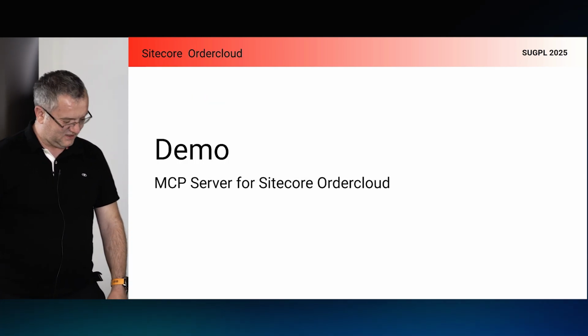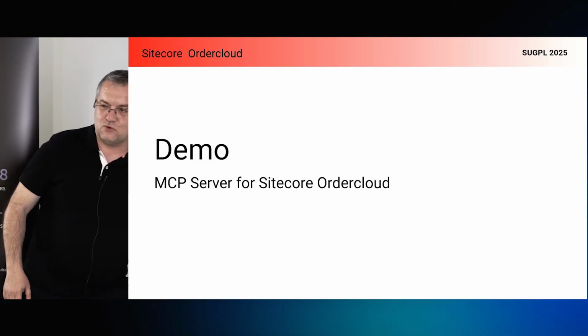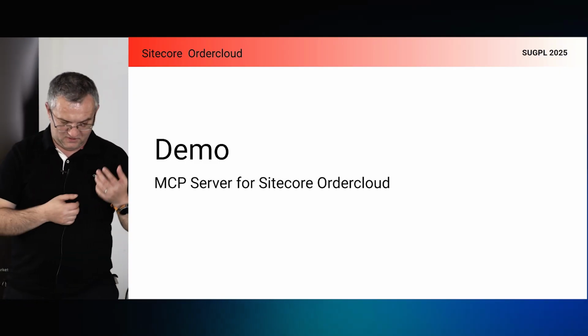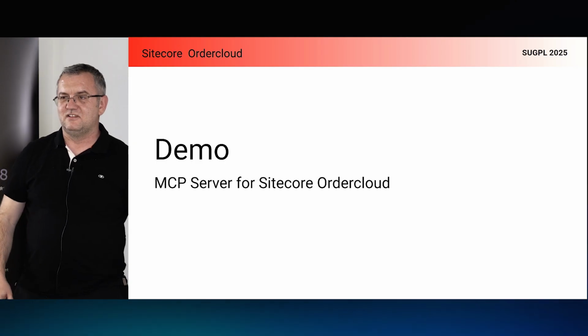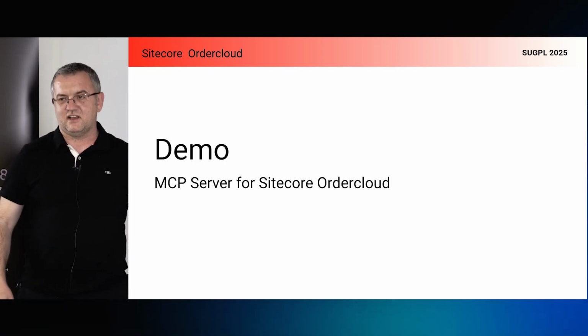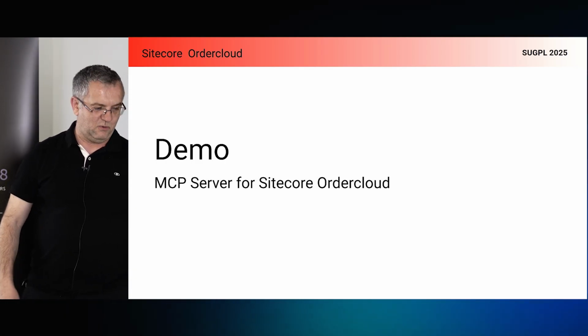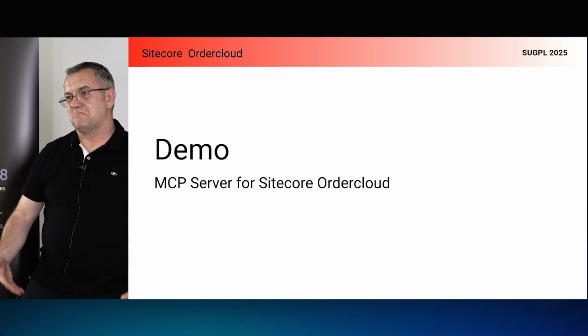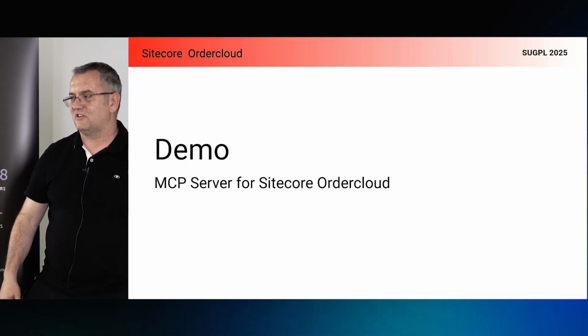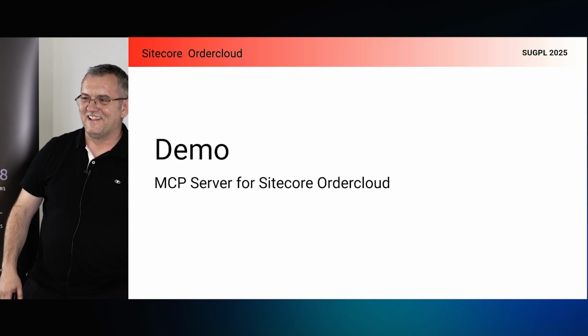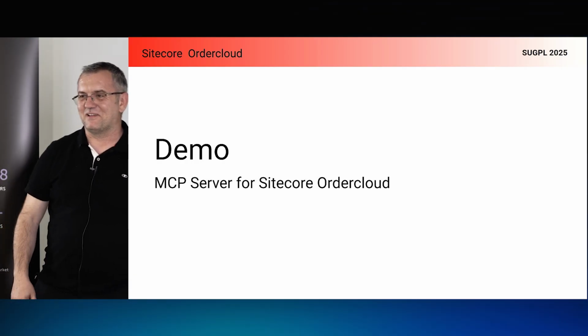And now is the demo. During the demo I will have some easy parts, like list catalogs. I will ask in English, and then let's try in Polish to see. I don't know, is everybody speaking Polish?